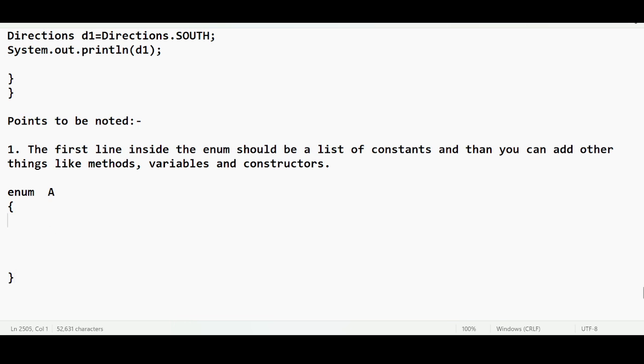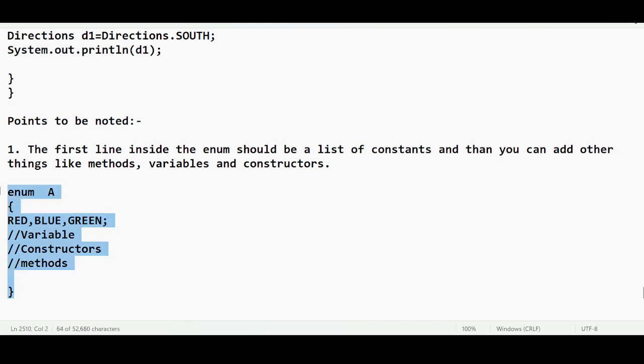Example, if I have enum A, red is a constant, blue is a constant, green is a constant. All the constants should be defined in the first line. Then you can have variables, instance or static, then constructors, and the order can be anything. Then you can have methods. This is valid.